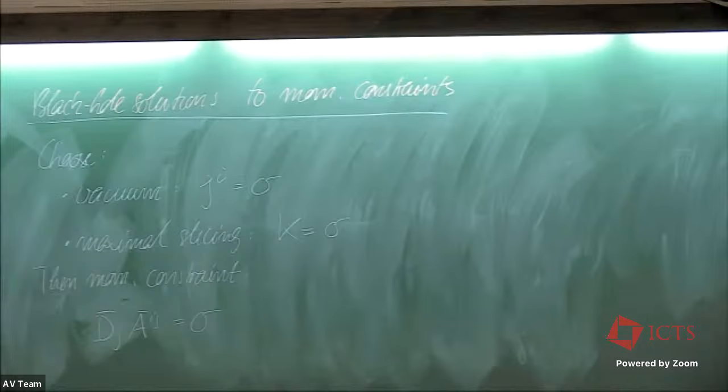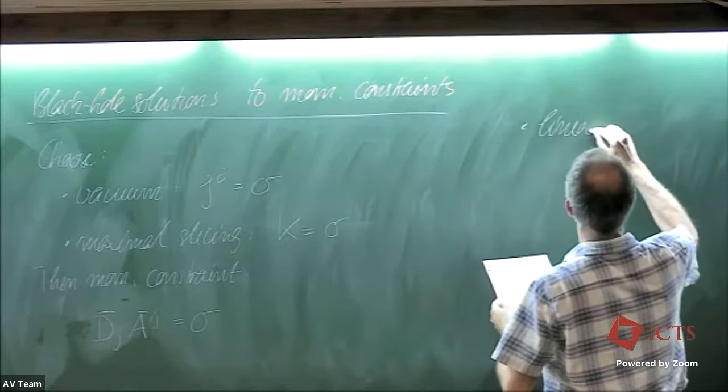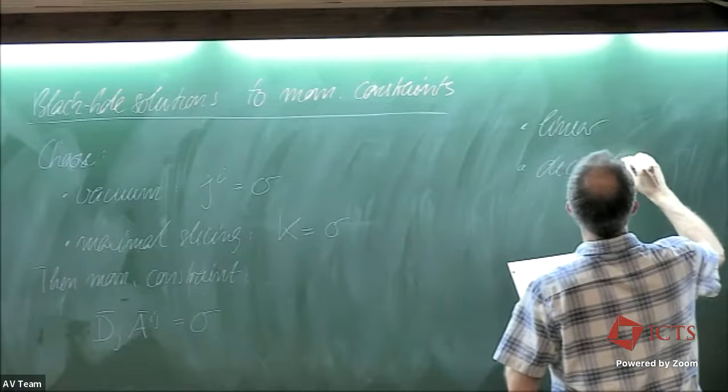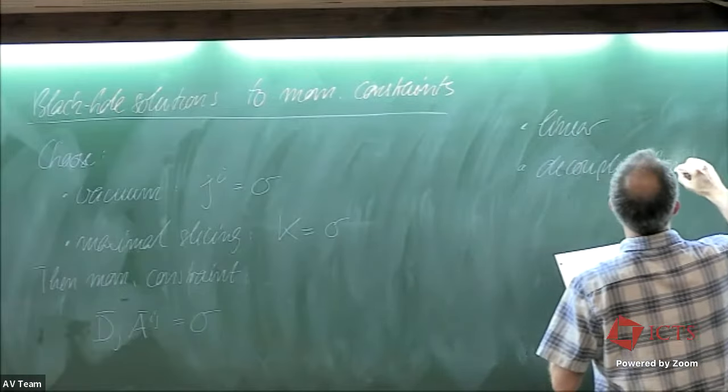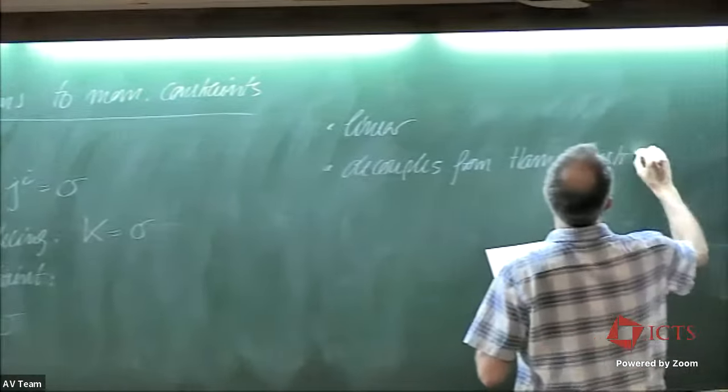So there are really two beautiful things. A, it's a linear equation. B, it decouples from the Hamiltonian constraint because we can solve it without knowledge of the conformal factor.